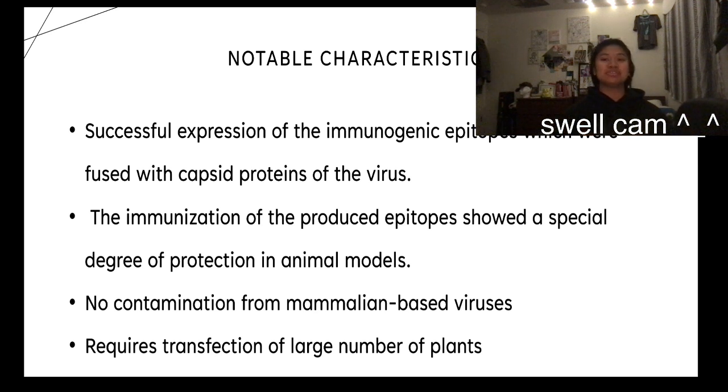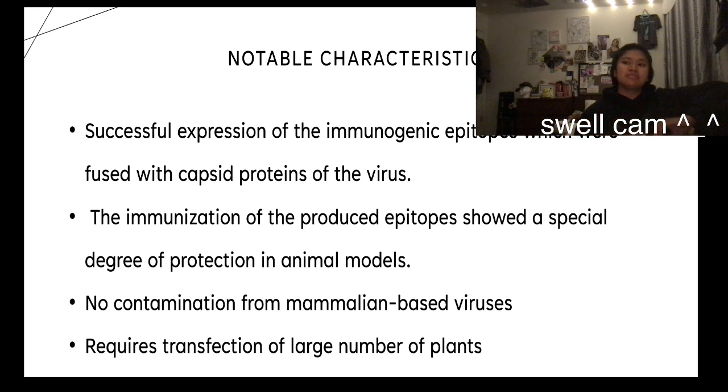Throughout this approach, there were no recorded cases of contamination from mammalian-based viruses, which is pretty positive, especially for the application of pharmaceuticals for humans.